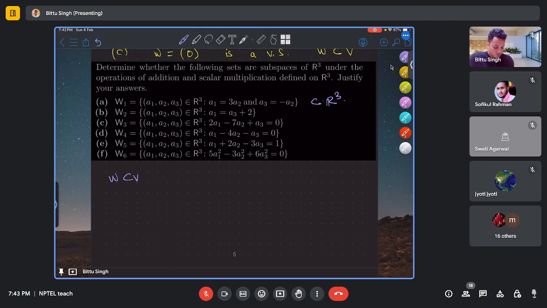So take any two elements W1, W2 from this W, then W1 plus W2 must belong to W if it is closed under addition, and take any C from the field F. Now if you multiply C with W1, it must also belong to W, that is closed under scalar multiplication.